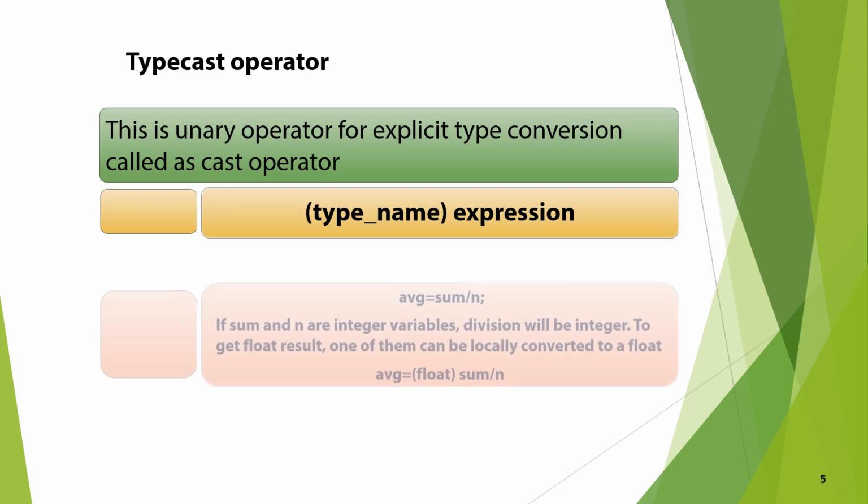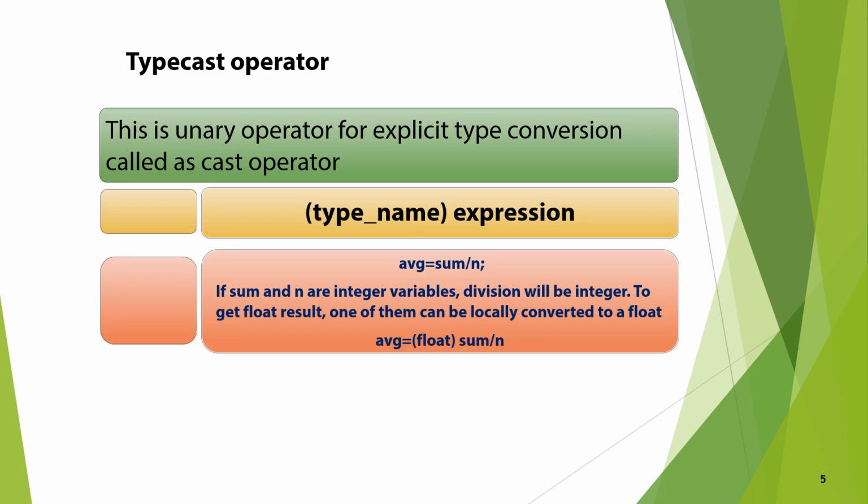For example, consider one small expression: average is equal to sum divided by n. Here, if sum and n are integer variables, then the division will also result in an integer.